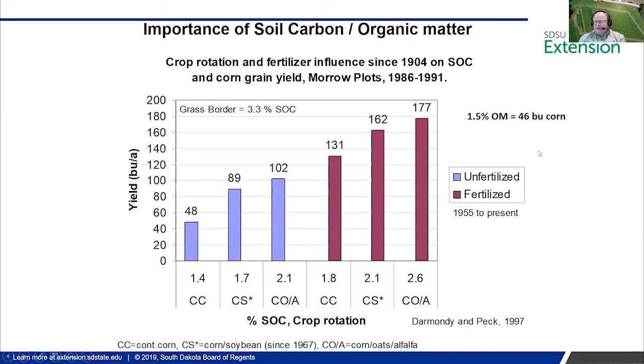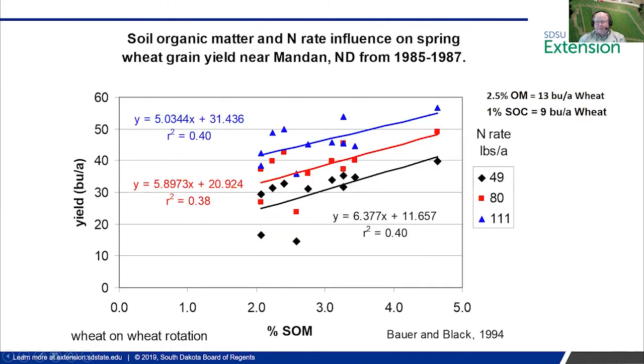So at this site, we got about 46 bushels of corn for every 1.5% organic matter. Okay, very important. At Mandan, North Dakota, same story. More organic matter, more yield. 13 bushels for 2.5% organic matter, 9 bushels for 1% carbon.